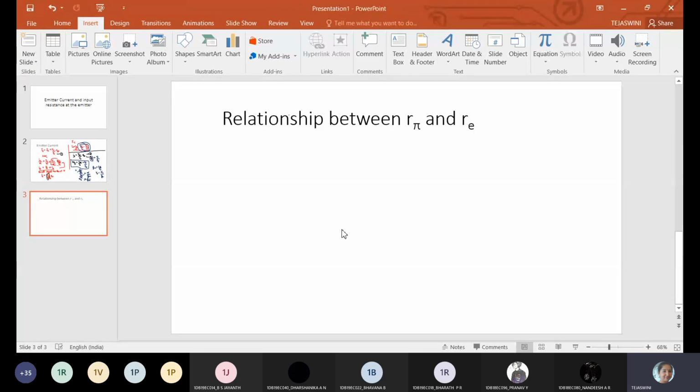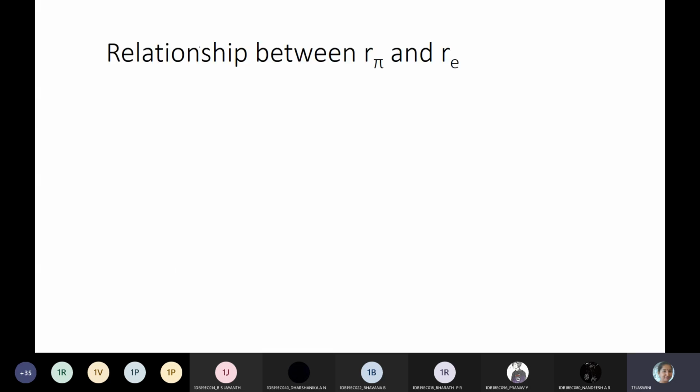Okay. Now tell me what is VBE. First let me write R pi, then it is easy for you to have a relation. What is the formula for R pi? R pi is equal to voltage by current.